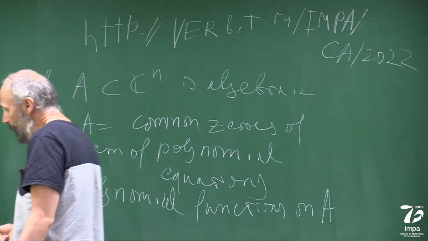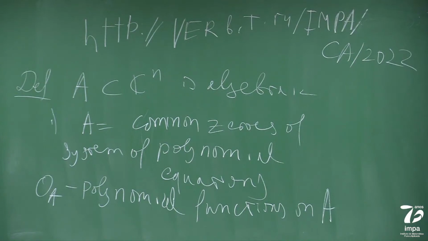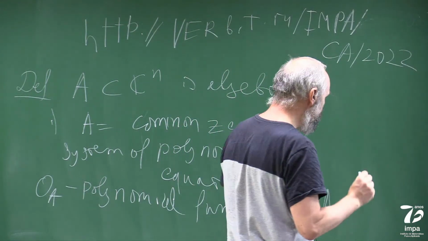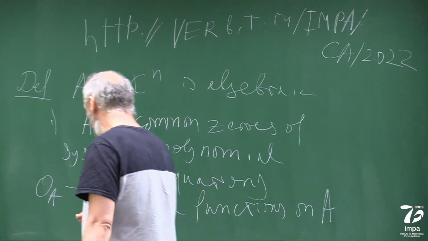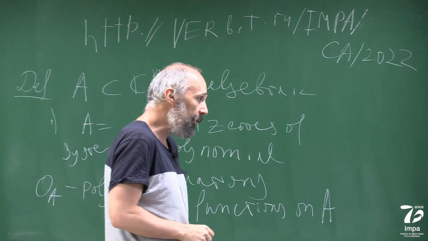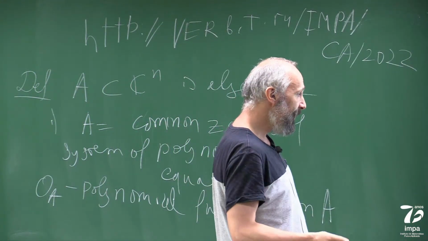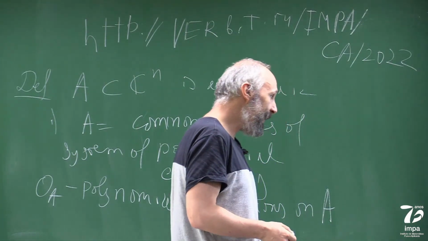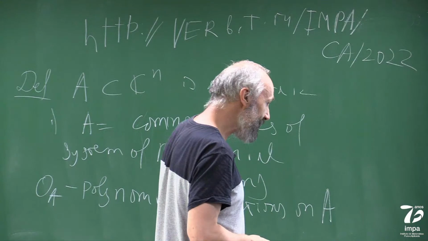But this is, of course, a corollary of the Hilbert Nullstellensatz, so I'm going to go slightly backwards, in the sense that I start from geometry and go to algebra then. For me, this is easier, and since there is nobody to contradict me, this is how we will do it.